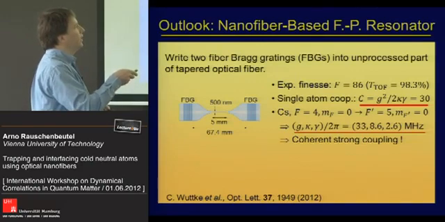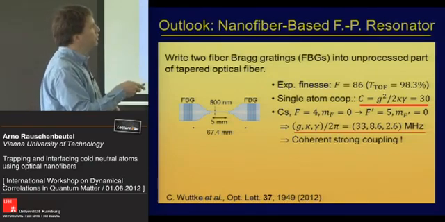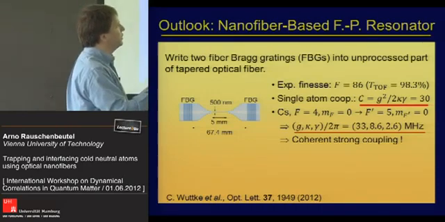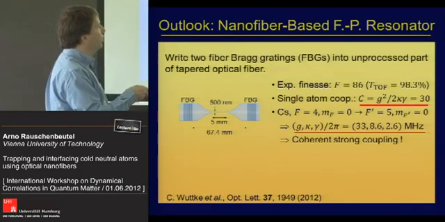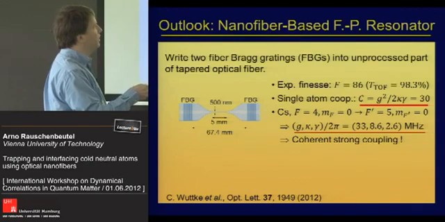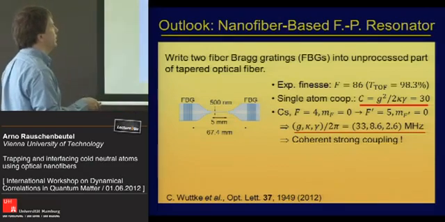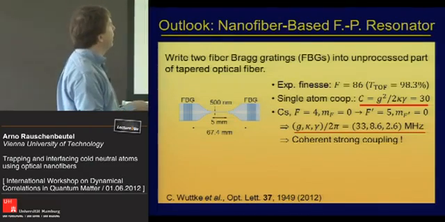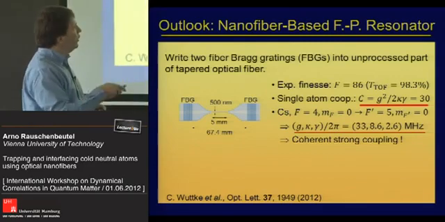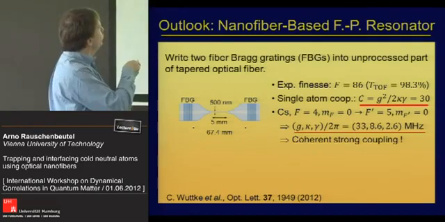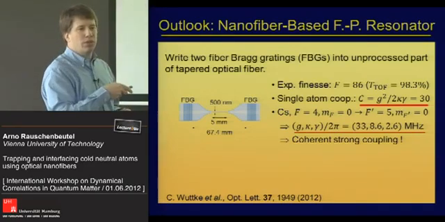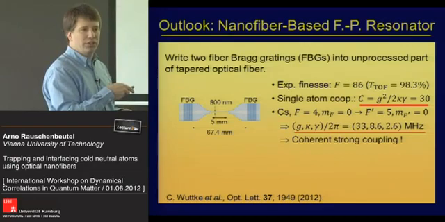So if you just plug in the numbers for cesium atoms, you would expect these parameters, so here 33 megahertz for the light atom coupling strength. The line width is about 10 megahertz, while the decay rate is about 2.6 megahertz for the dipole of the atom. And now if you look at this finesse, then you know that the light goes around about 100 times before it leaves the cavity.